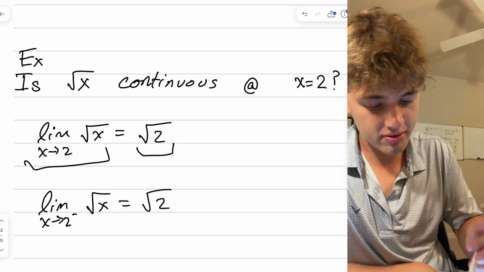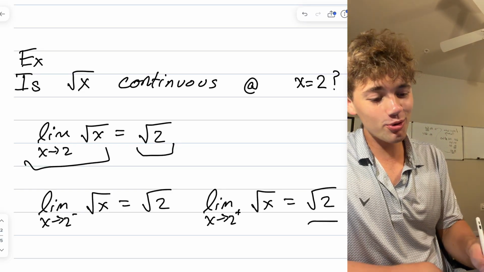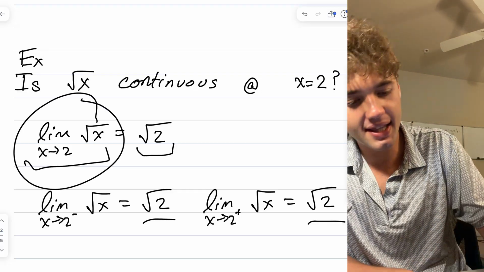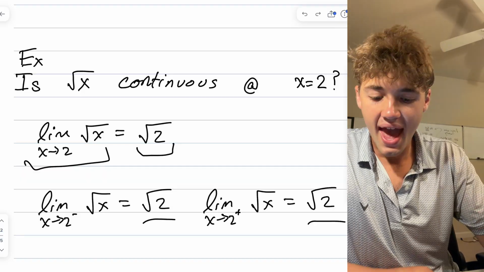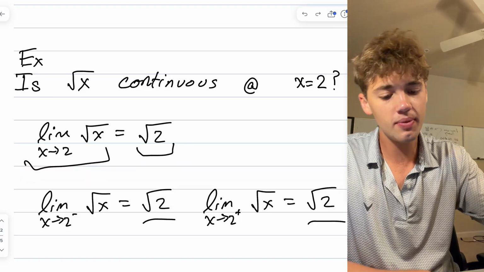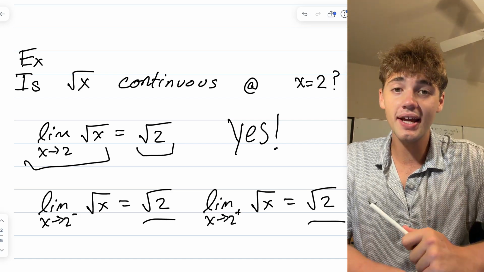That equals square root of 2. And you can check it from the positive side. It is also going to equal square root of 2. So both sides equal square root of 2. That means our two-sided limit right here also equals square root of 2. And when the limit equals the function value at our point x equals 2, yes, this is continuous. And that is continuity at a point.